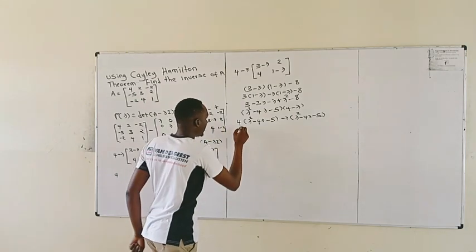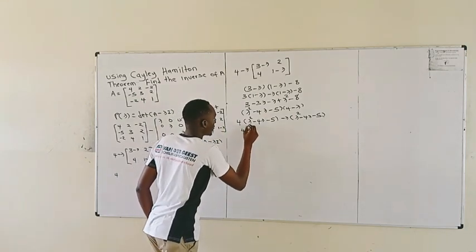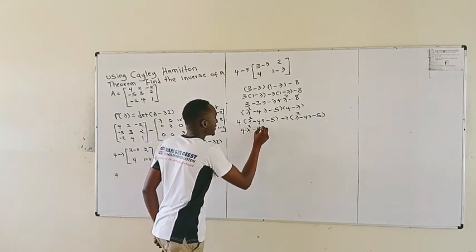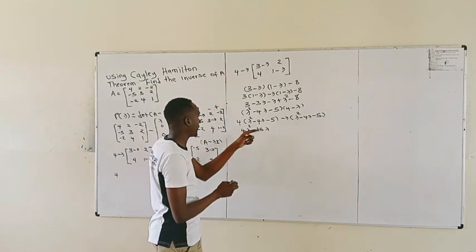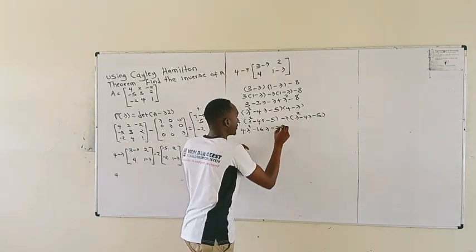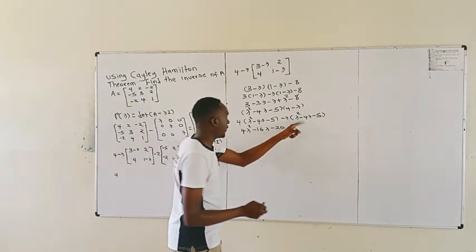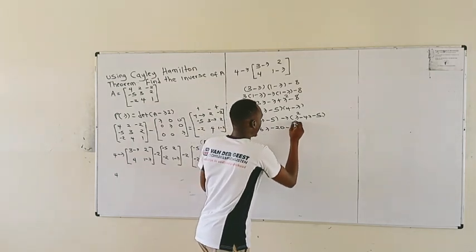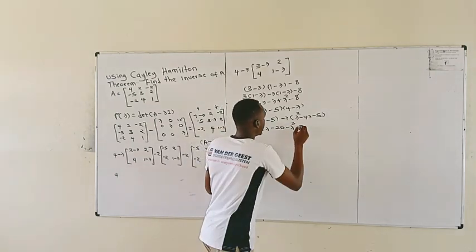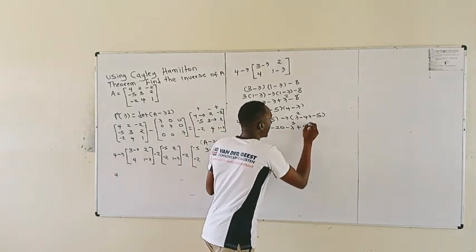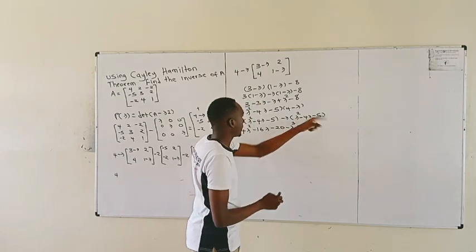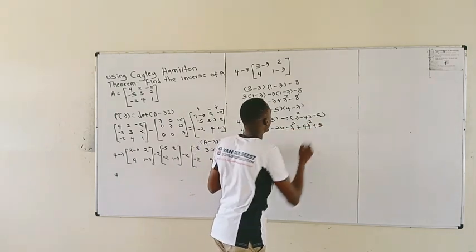To factor this, we have 4 lambda squared minus 16 lambda minus 20. Here we have minus lambda cubed plus 4 lambda squared plus 5 lambda.